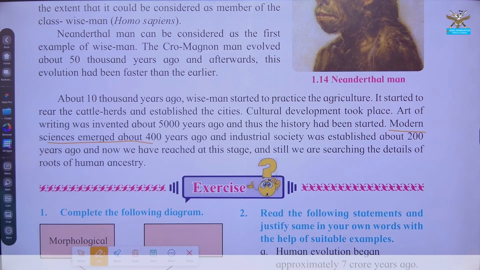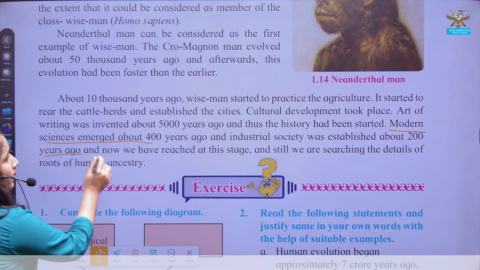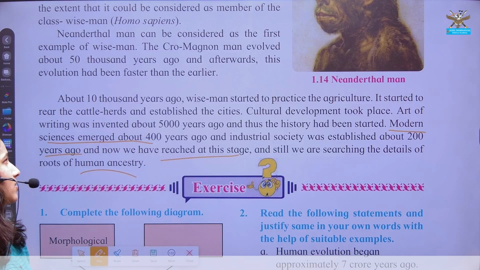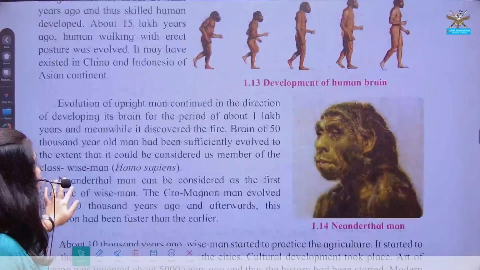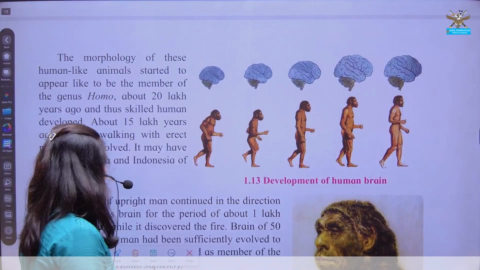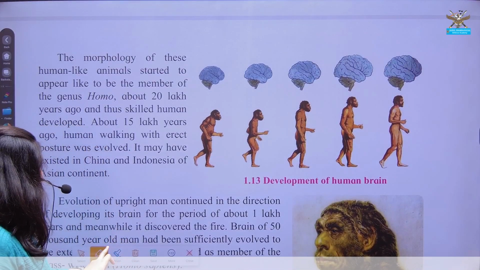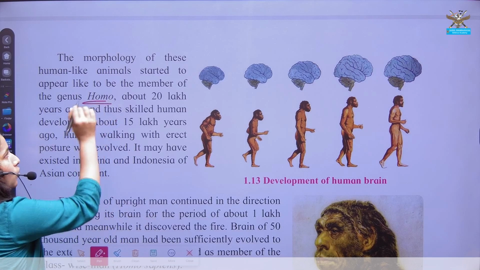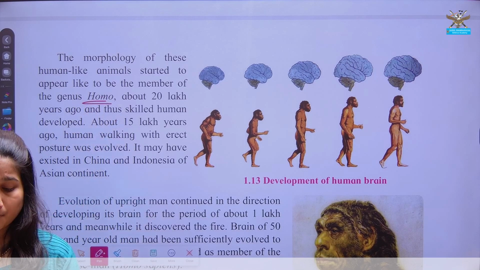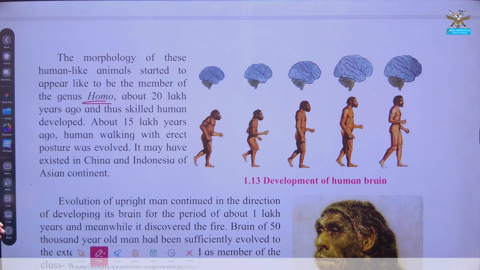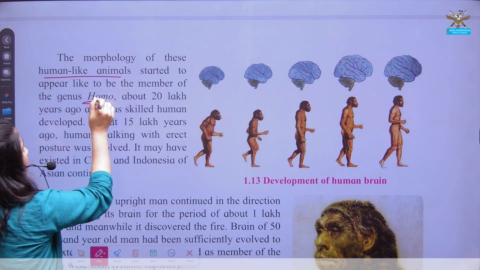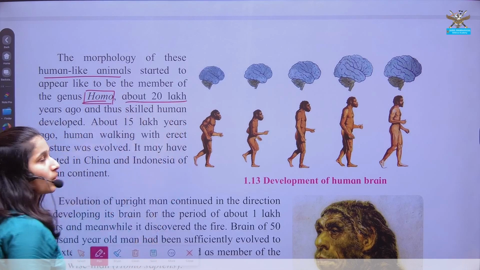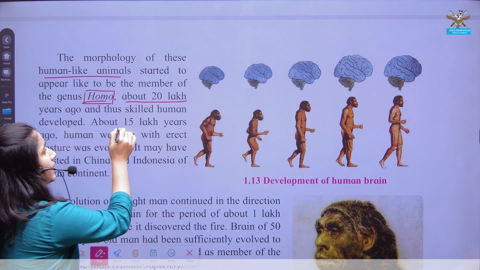Industrial society was established 100 years ago. We have reached this stage, and we are still the root of human ancestry. Okay? In human evolution, you just have to remember the group of this direct man or human-like animal that was seen about 20 lakh years ago, then 15 lakh years ago.